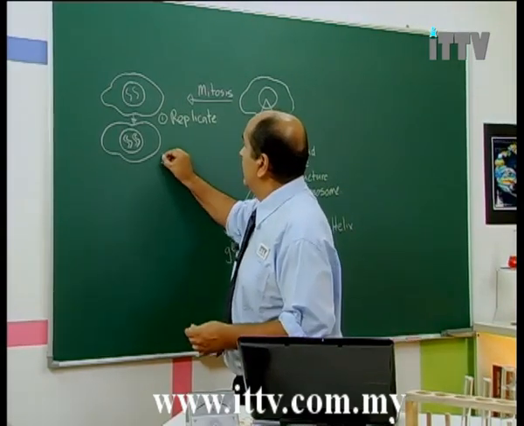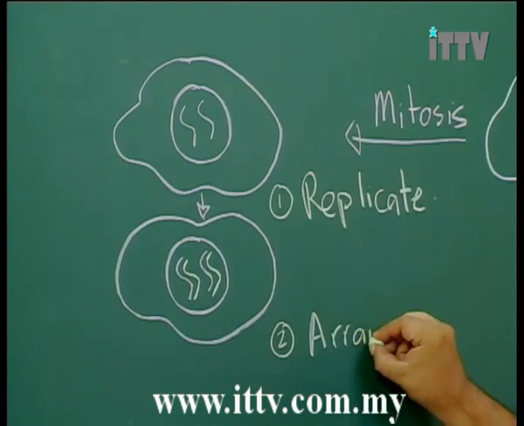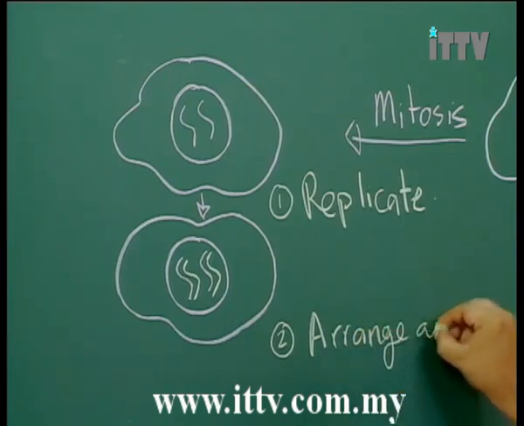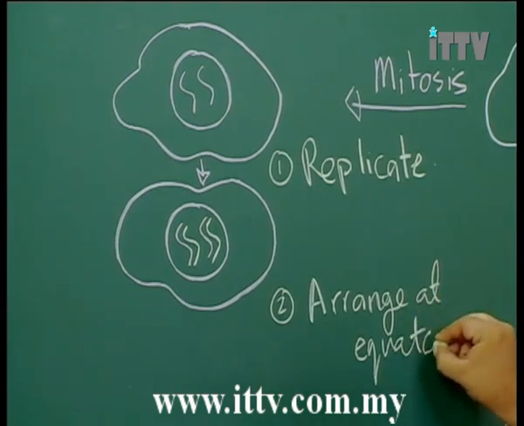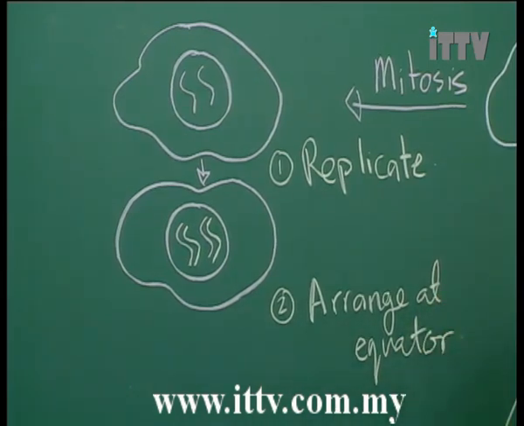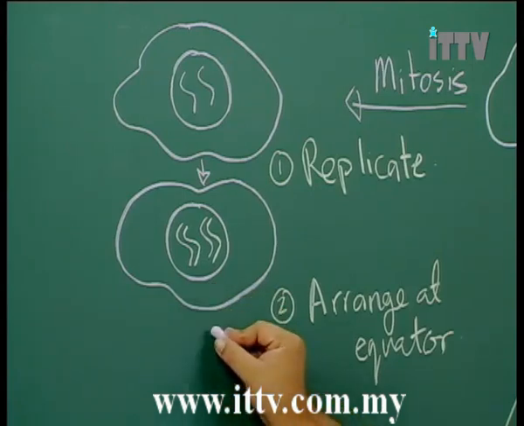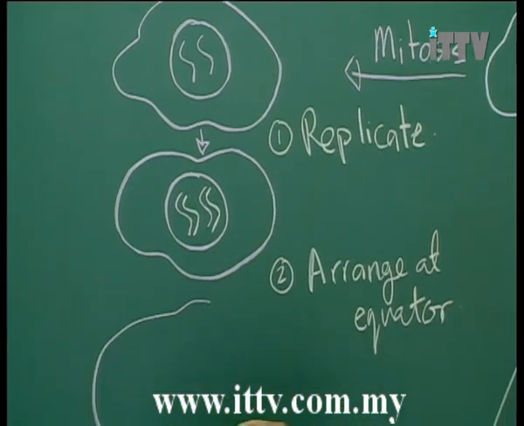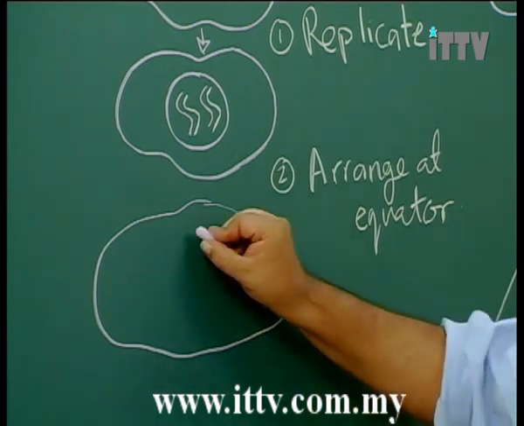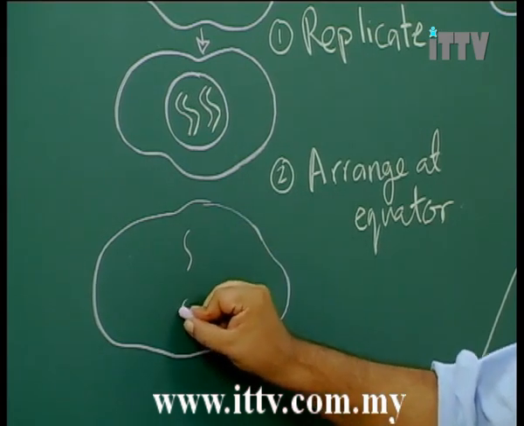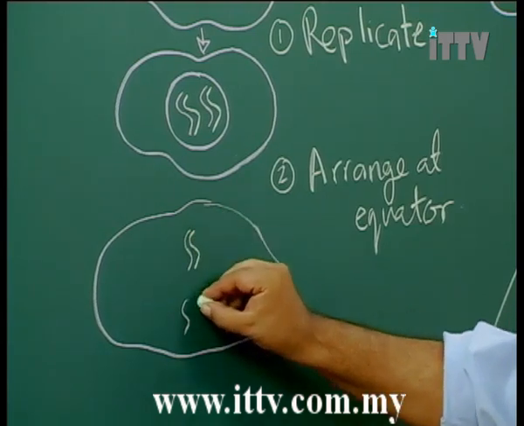Now the next thing is we need to arrange ourselves at the equator. So step two is arrange at equator. What happens is the nucleus starts to disappear. So let's draw the cell back in here. And the two chromosomes come and arrange themselves across the equator here like so.